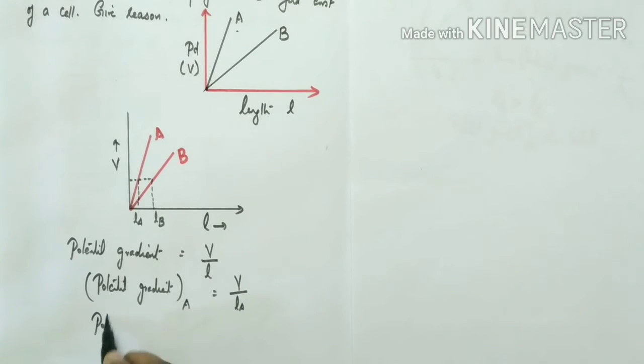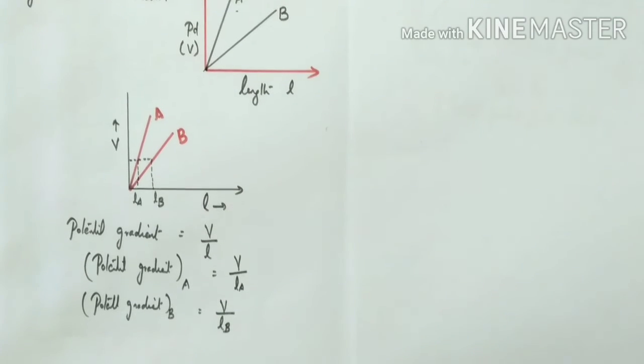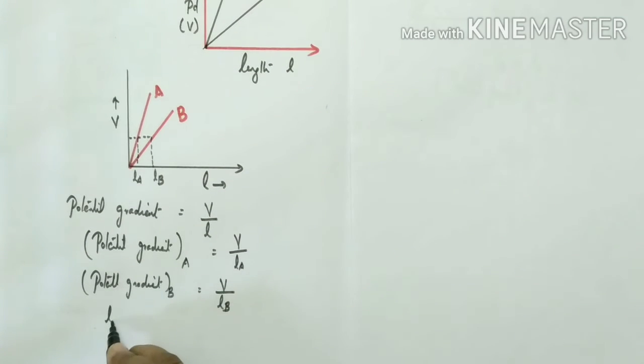Similarly, the potential gradient corresponding to B can be written as V divided by LB. So from the graph itself, which length is greater? LB is greater, isn't it? So LB is greater than LA.